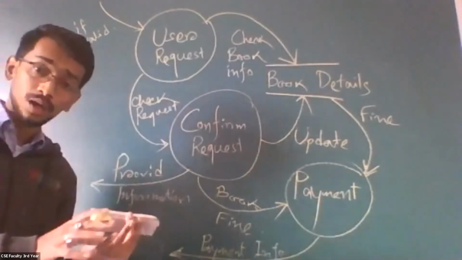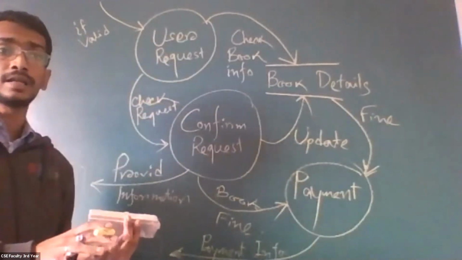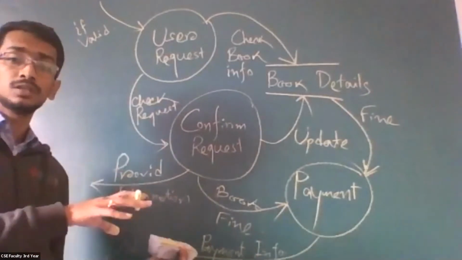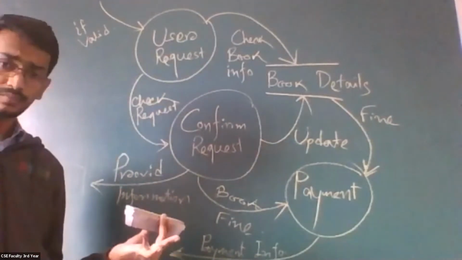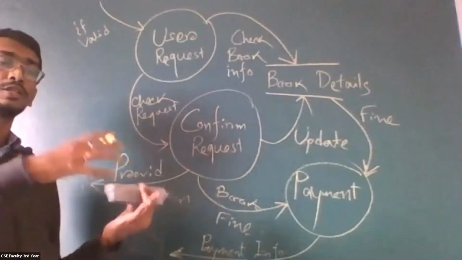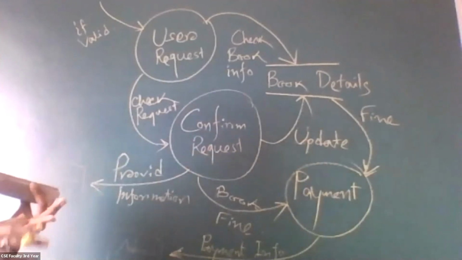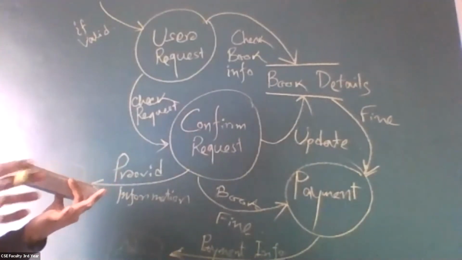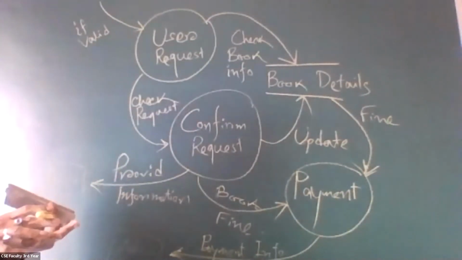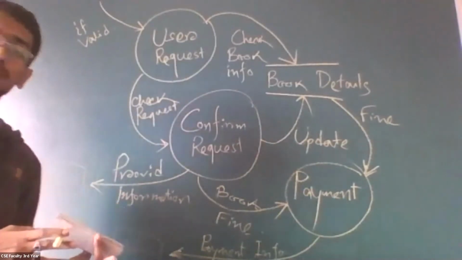Suppose for renewal, we have to check the information from the databases, like when the user took the book and how many days the renewal period is, something like this. We have to check all the details. For returning of a book, we have to check when he issued the book, and based on that, the fines.